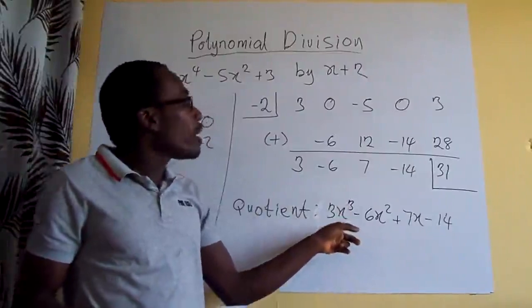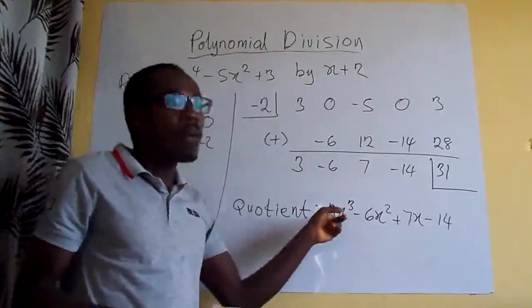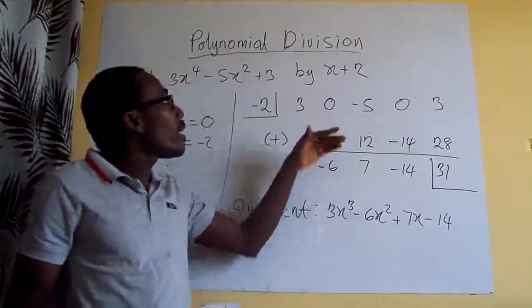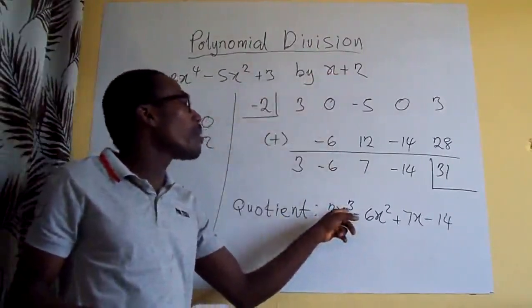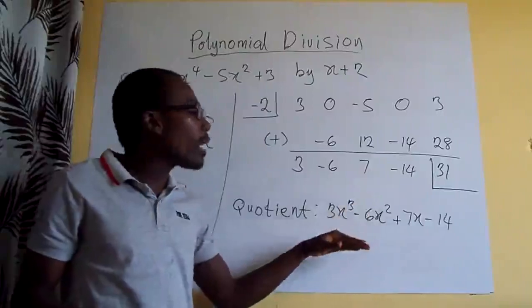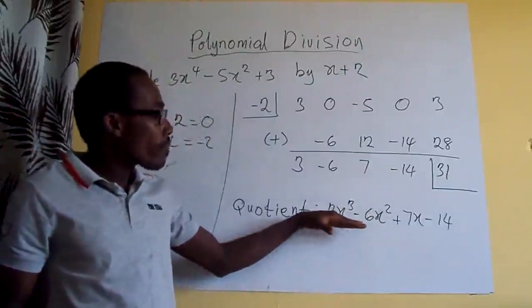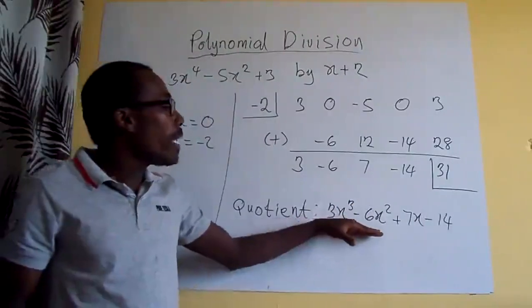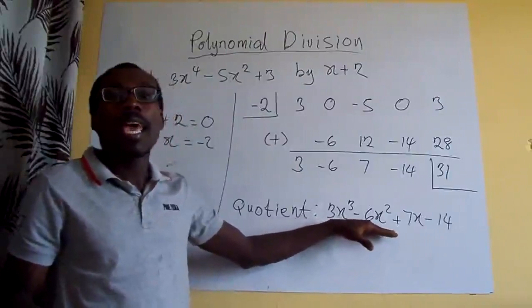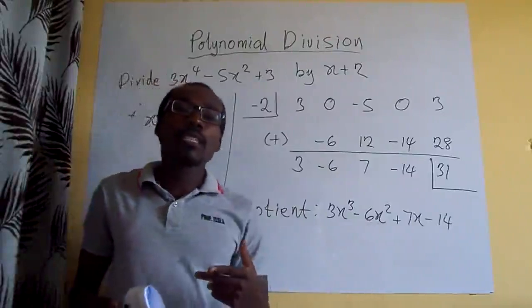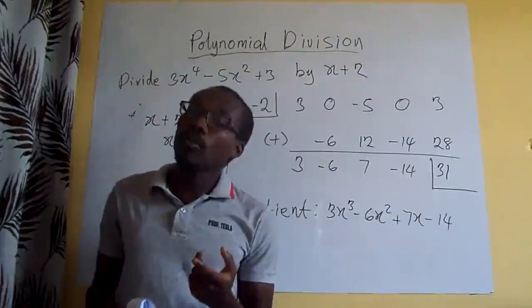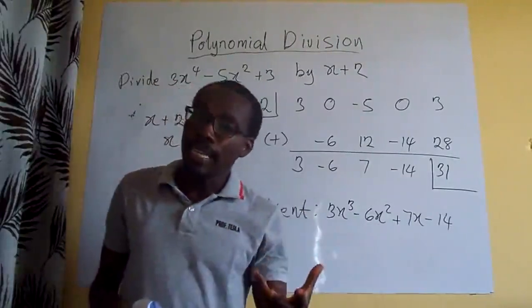In the same way, if you divide a cubic function by the same linear function, this will reduce from power 3 to power 2. Means that the moment you divide a cubic function by a linear function, that gives you a quadratic function. Again, if you divide a quadratic function by a linear function, that will give you another linear function.